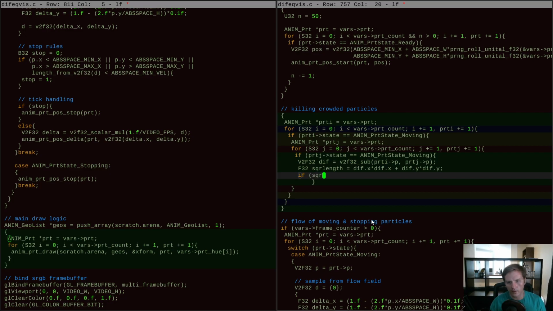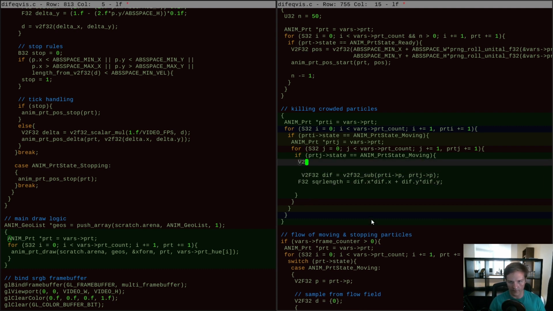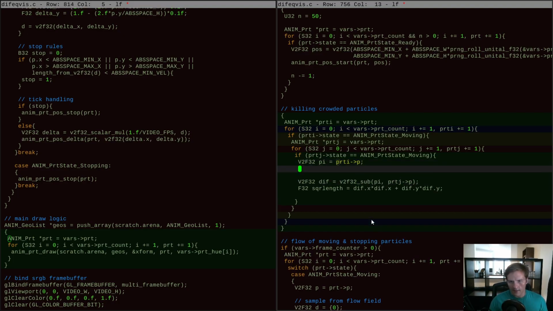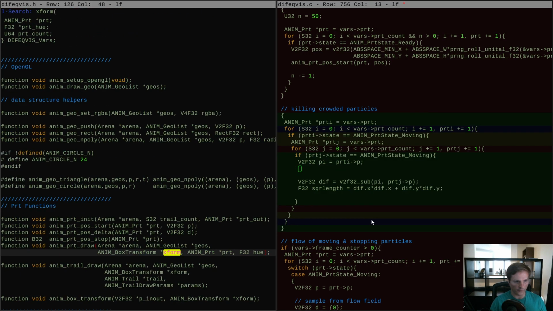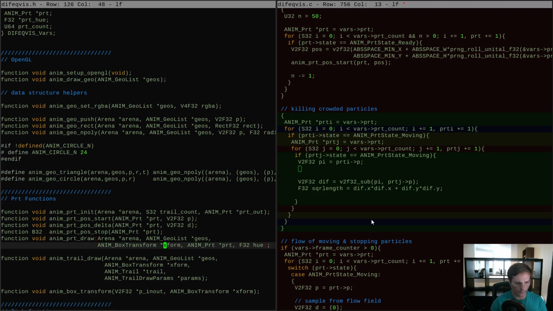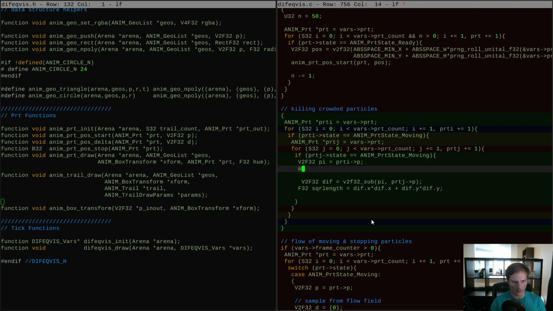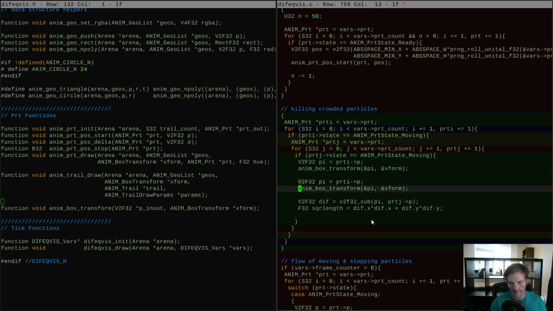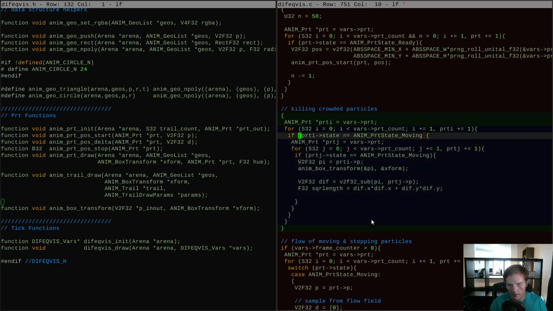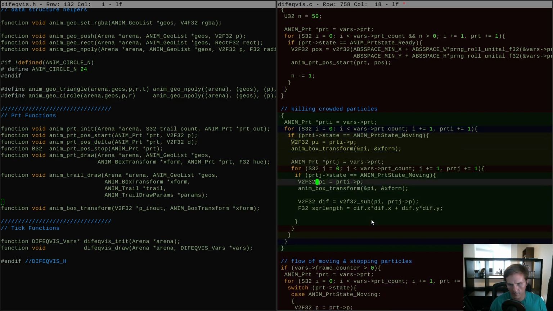And if the squared length is less than, so we're interested in, we also have to do V2F32 P I x form, anim box transform, P I x form. We can do this one up here. So we get the transform P I, and we're going to do J.